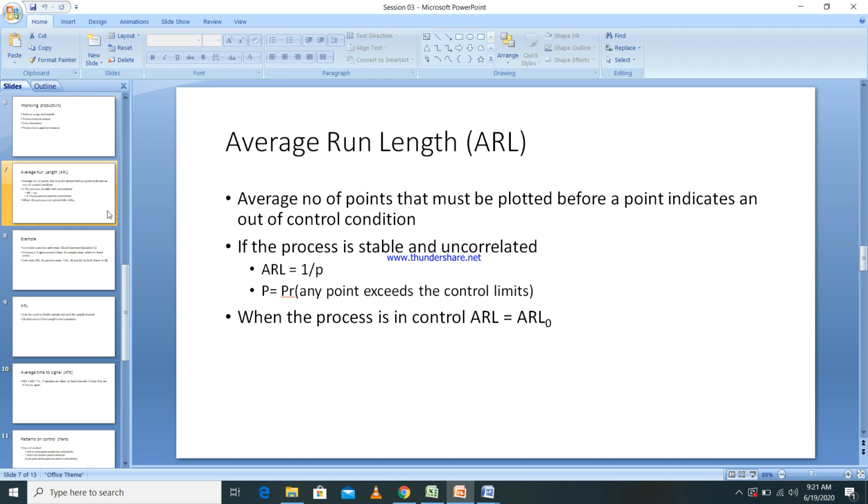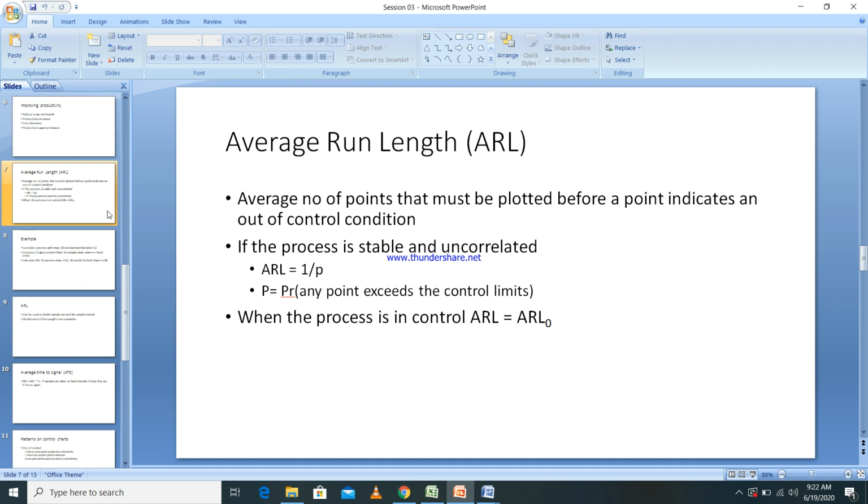If the process is stable and uncorrelated, we calculate the average run length using 1 over P, where P is the probability that any point exceeds the control limit.